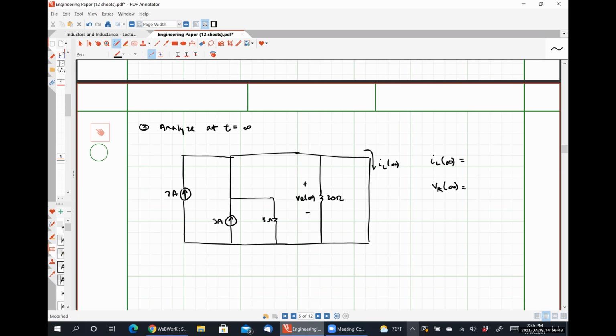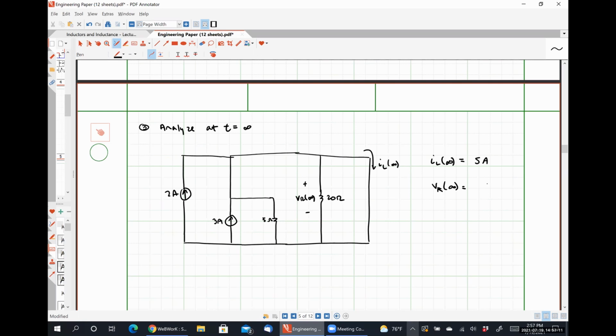So who can tell me what either of these values should be? Would IL at infinity just be equal to 5 amps? 5 amps, right, because the 2 amps and the 3 amps will combine together and a total of 5 amps will flow through the short circuit. Since all of the current is flowing through the inductor, obviously none of it will branch off and flow through the resistor.